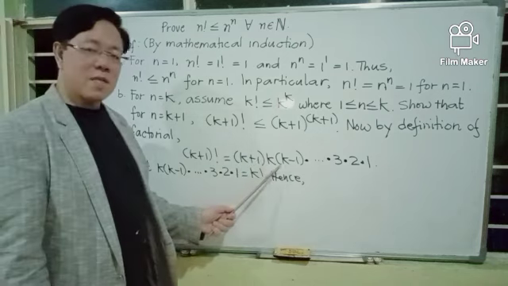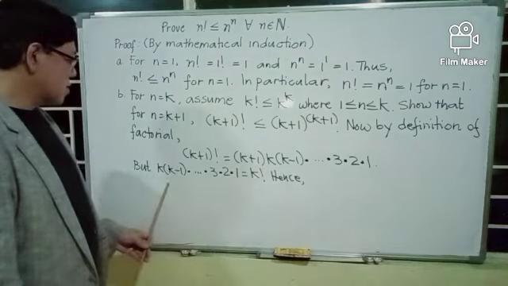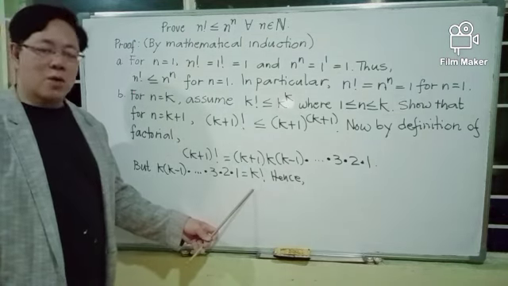Again, the product k times k minus 1 down to 3 times 2 times 1, in compact notation, is equal to k factorial.